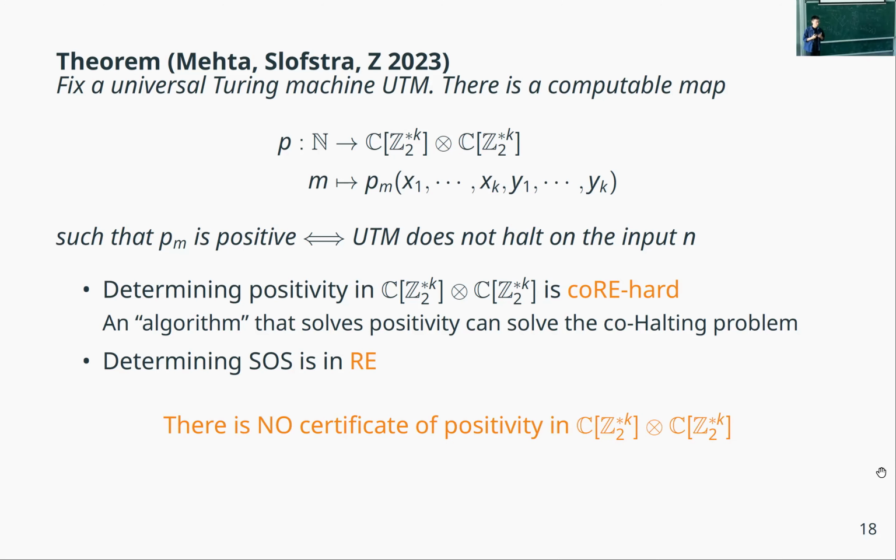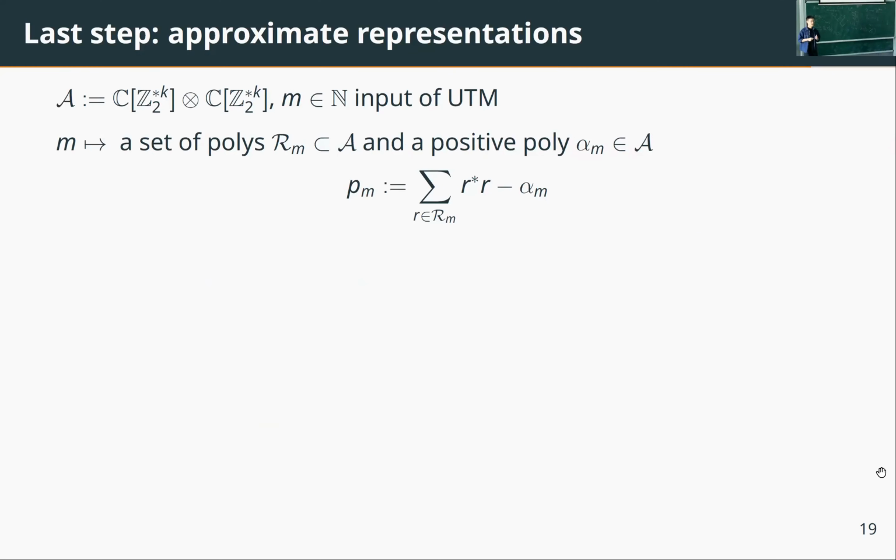You can also see there's no certificate of positivity in the tensor product of free algebras, because positivity is undecidable. There's no operational way to determine positivity. So I want to show you the last step of the proof of this theorem. What does this P_M look like?